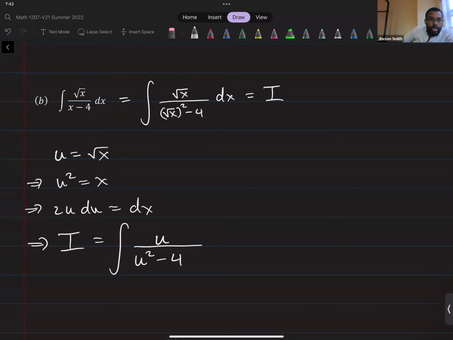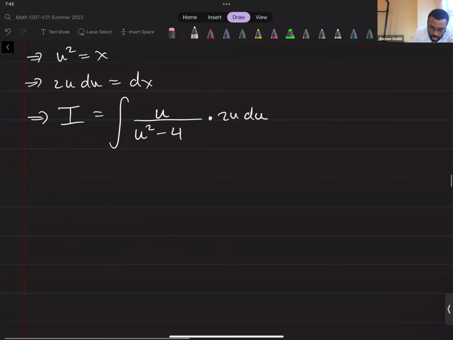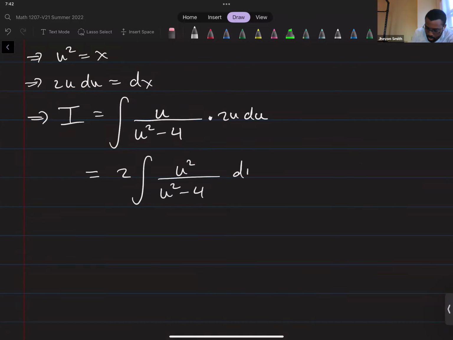And where I see the dx, that's just 2u du. So that's my integral now. This is just 2 times the integral of u squared over u squared minus 4.